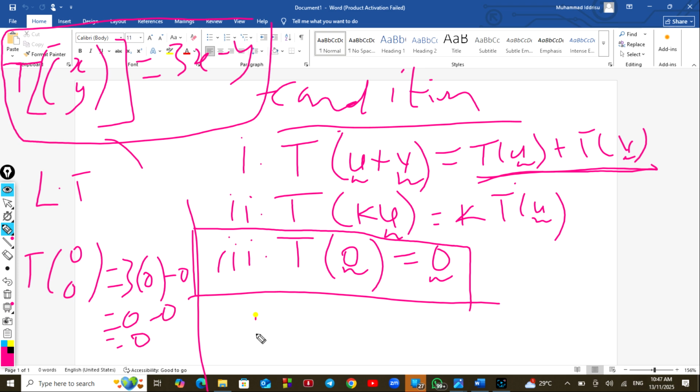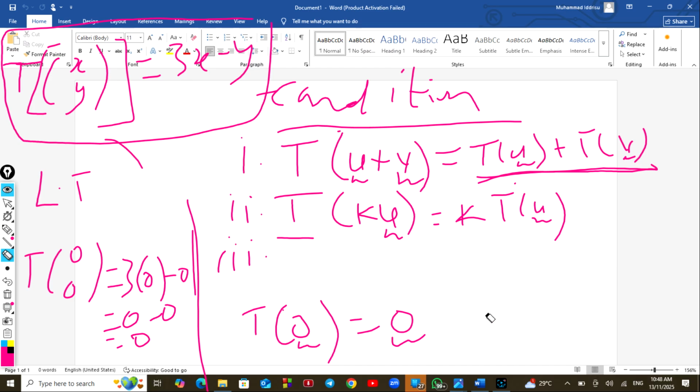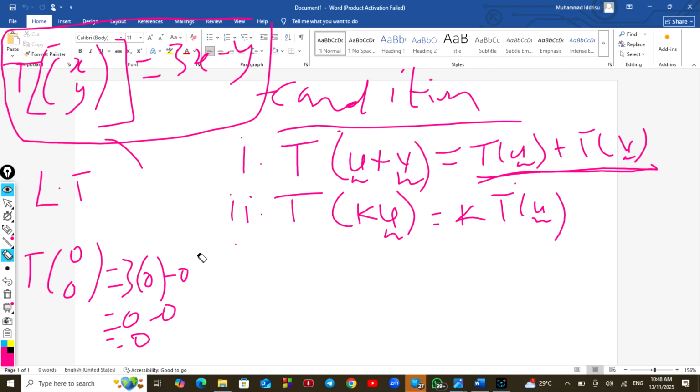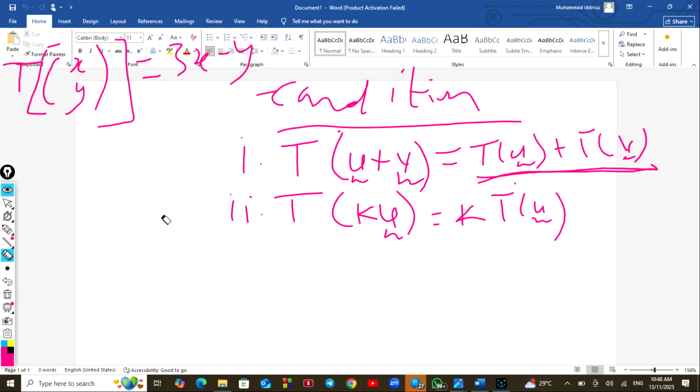So the transformation of the zero vector gives us the zero vector. It has met this condition, so let's wipe it out and work on the key conditions of linear transformation.